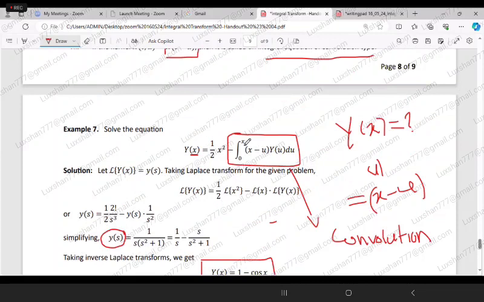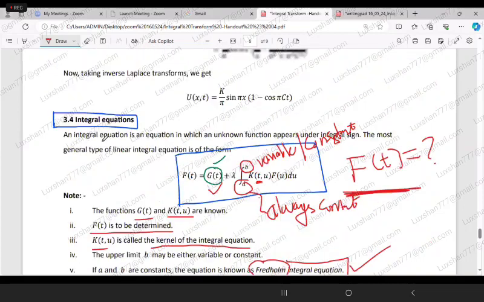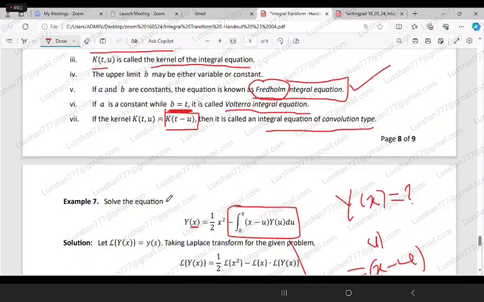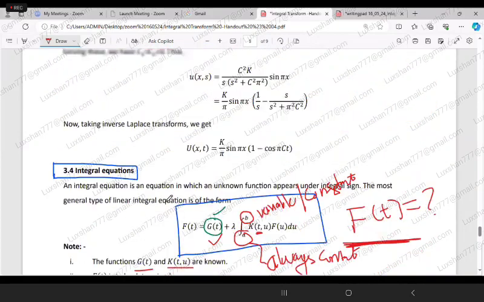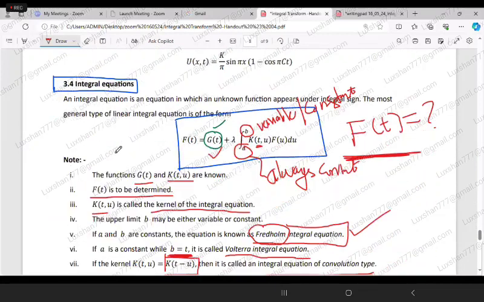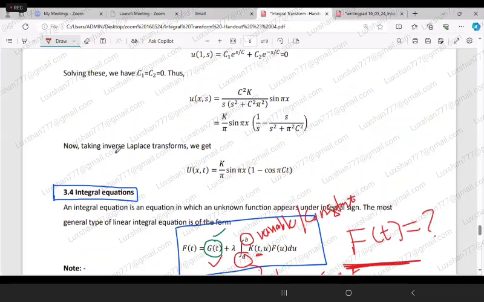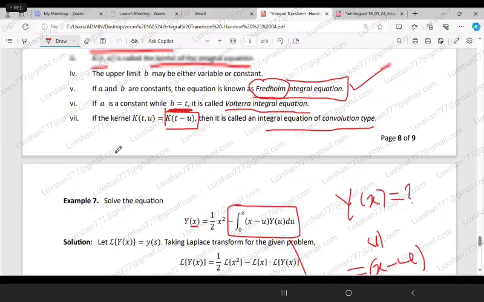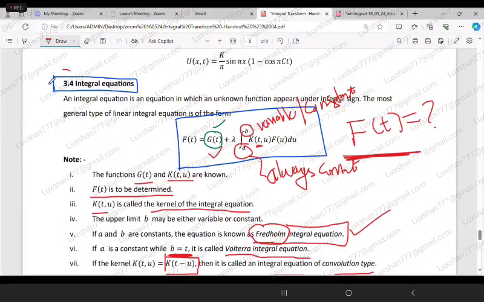Okay, so most probably you will get an integral equation type question for your examination. Not only that, there may be a partial differential equation and integral equation, or only integral equation, or ODE plus integral, or whatever it is. Most probably you will get one question from the integral equation type.